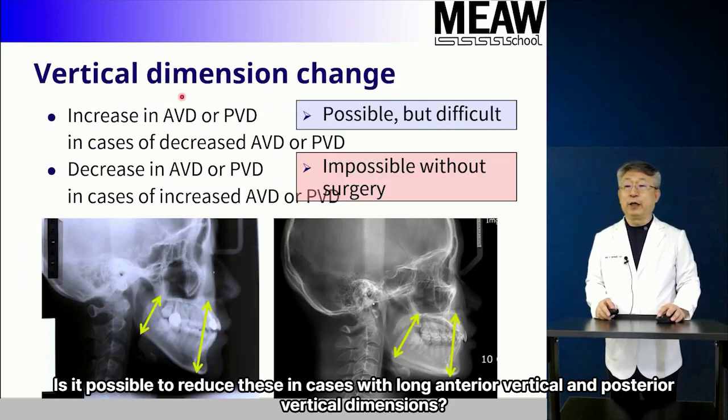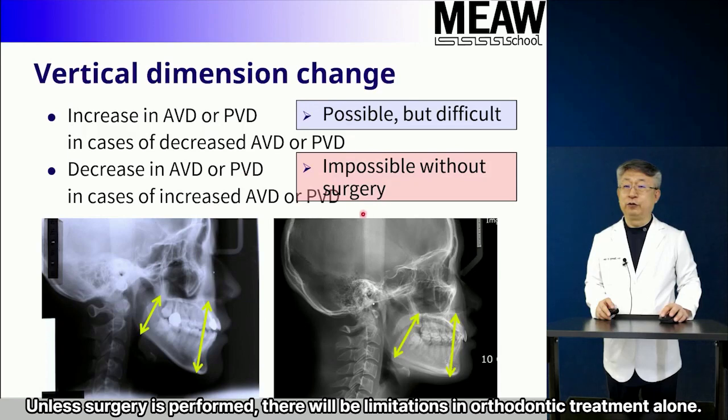Is it possible to reduce these in cases with long anterior vertical and posterior vertical dimensions? Unless surgery is performed, there will be limitations in orthodontic treatment alone.